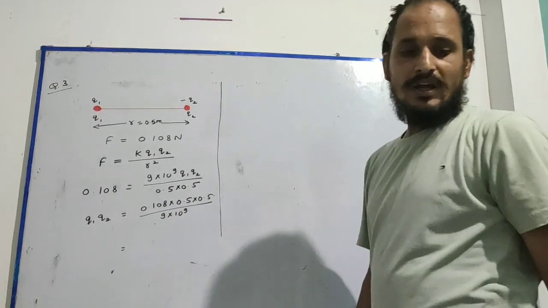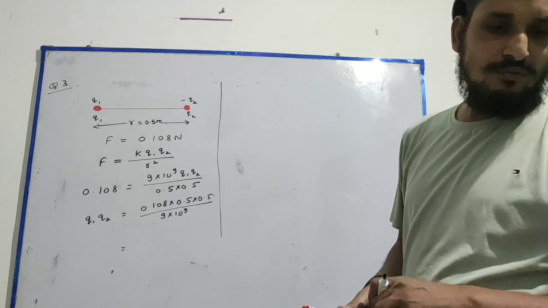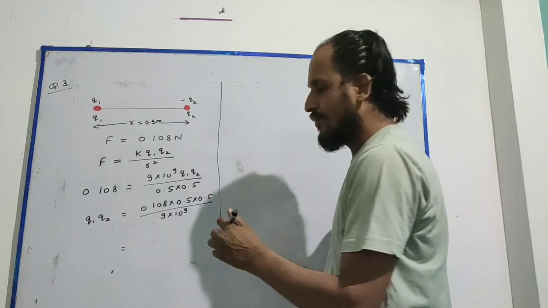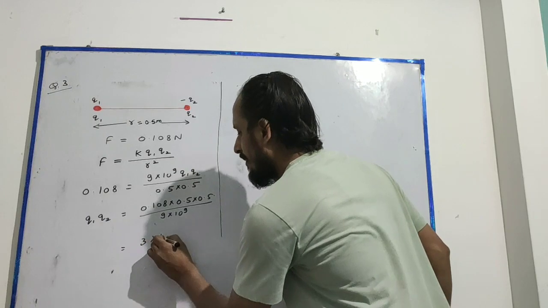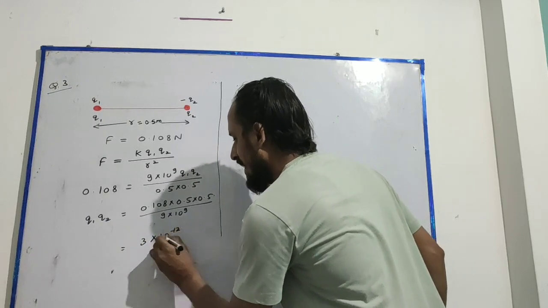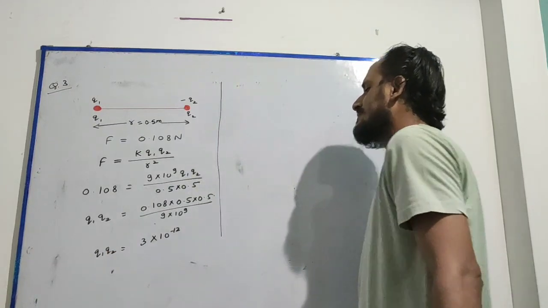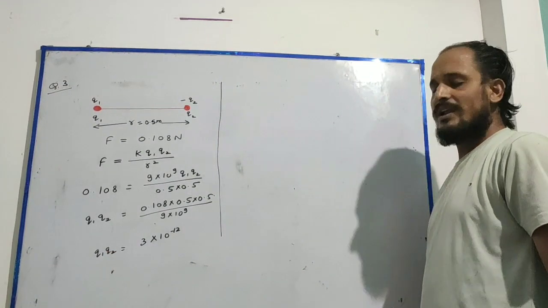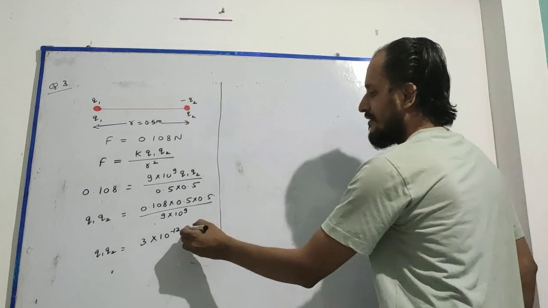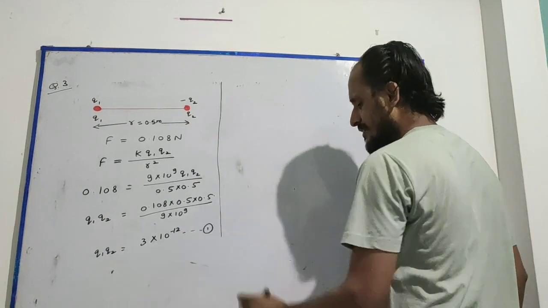You can do the calculation yourself. If you calculate it, it comes 3 into 10 raised to the power minus 12. So the product of Q1 Q2 comes 3 into 10 to the power minus 12. This is equation number 1.